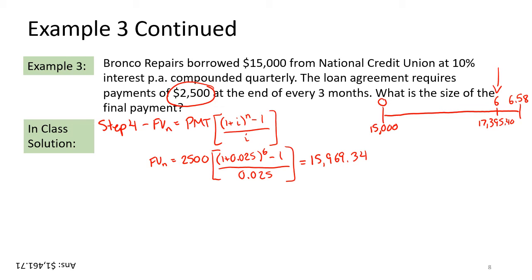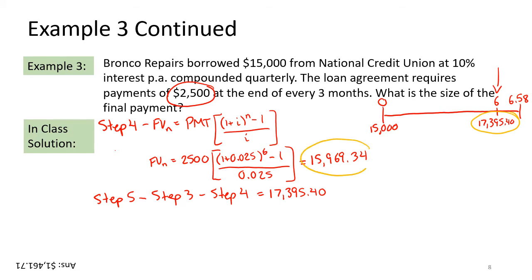So step 5, if you remember, is to subtract the value from step 3 minus the value of step 4. So in this case, the value we calculated in step 3, that was what our loan was worth 6 periods from now. That was $17,395.40. See that value here. And we're subtracting off the value we calculated in step 4, which is $15,969.34.